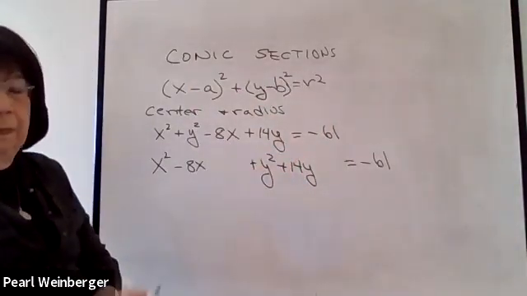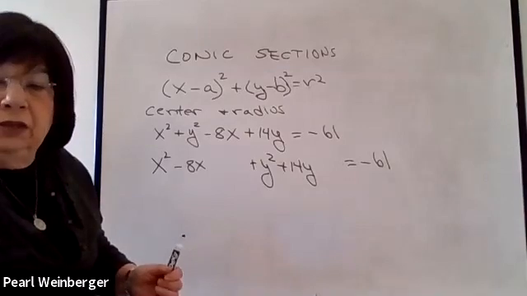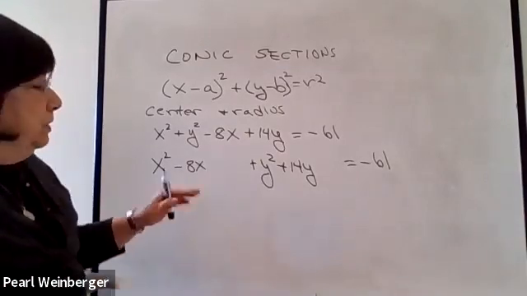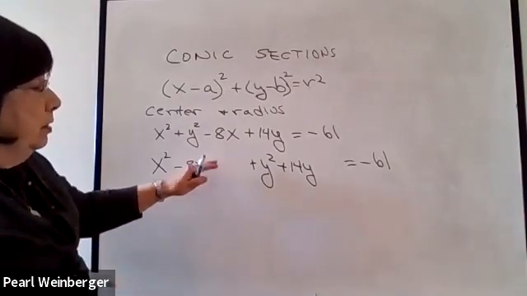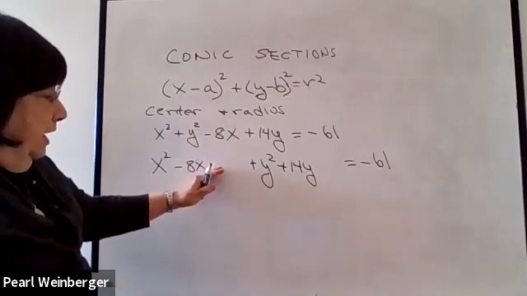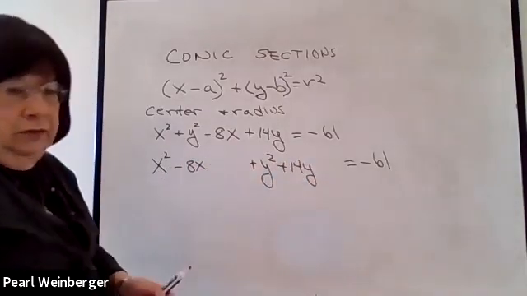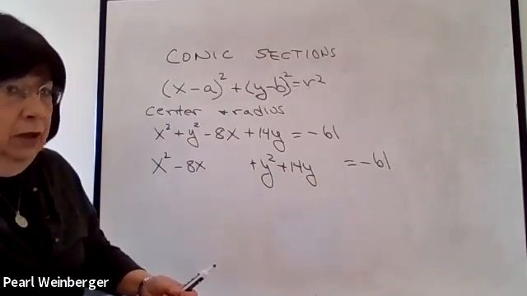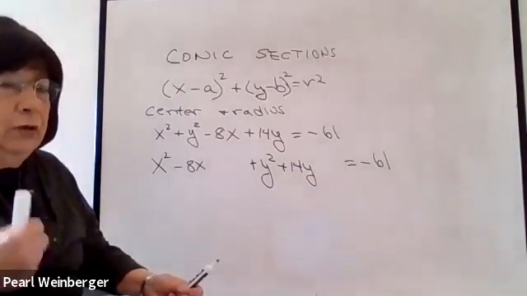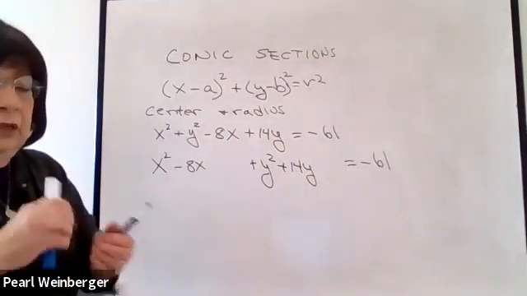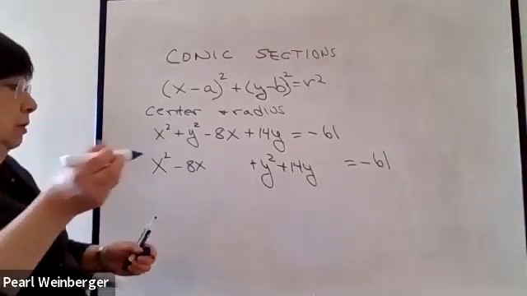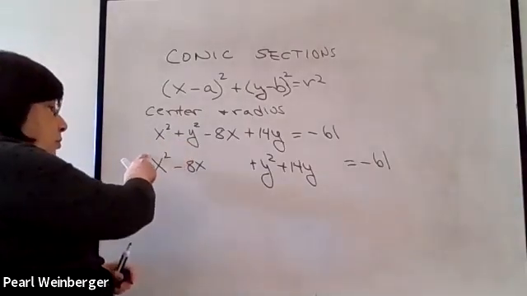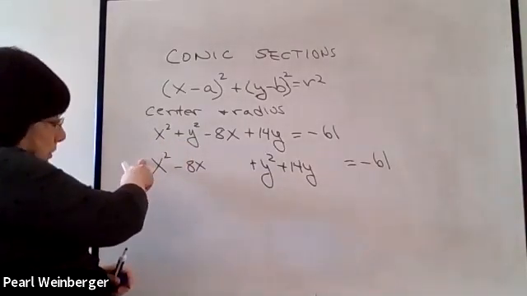So collect the x's together, collect the y's together, plain numbers, no x or y on the other side. And what we're going to do is complete the square on both the x's and the y's. And that's why I wanted to do this right now, because we just talked about completing the square. Now we know how to complete the square. First of all, it has to be a plain x squared, which it is.